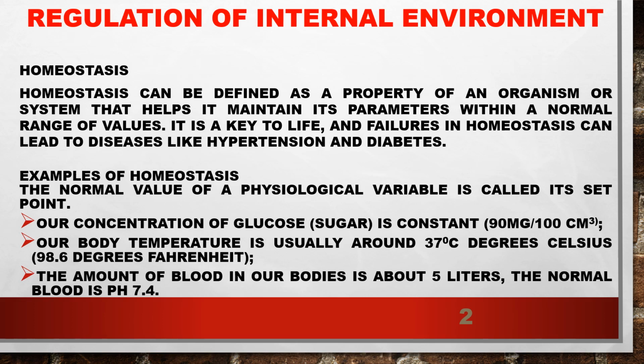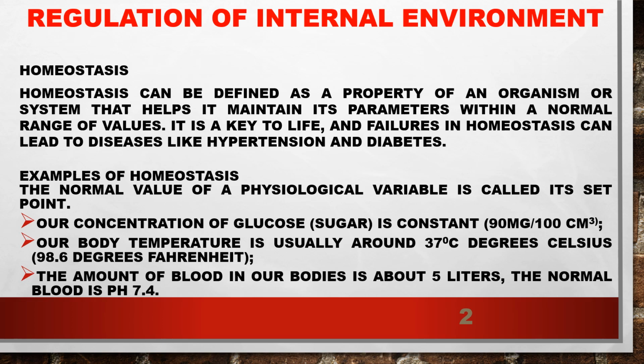So homeostasis is the regulation of internal body parameters within a narrow limit or within a set point value. Like now in the body of a healthy adult person, he requires 90 milligram per 100 centimeter cube blood glucose. If this level rises above 90 milligram per 100 centimeter cube, there will be a problem. Or if it falls below 90 milligram per 100 centimeter cube, there is also a problem.